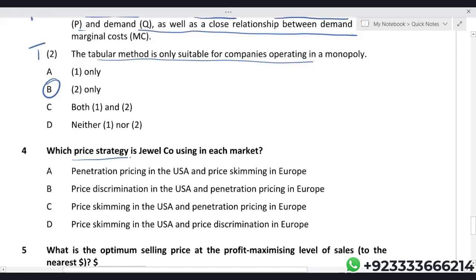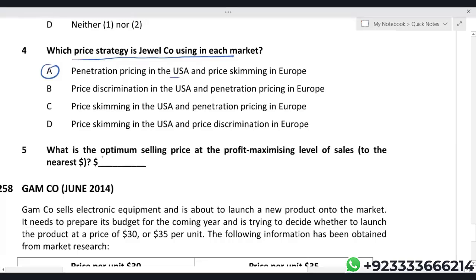Which pricing strategy is Joule using in each market? Penetration in the USA and skimming in Europe. Yes. What is the optimum selling price at the profit maximizing level of sales? Okay, now let me explain.